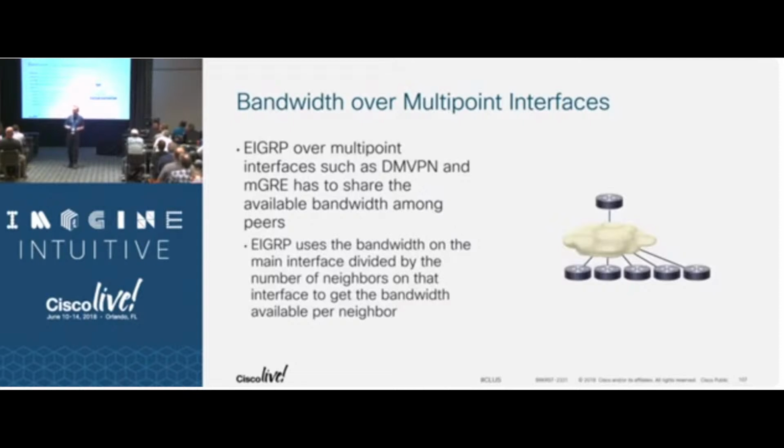There's a point with this kind of EIGRP pacing on multipoint tunnel interfaces with DMVPN. What EIGRP does on all those NBMA, non-broadcast multi-access interfaces, is that it takes the bandwidth, divides it by the number of the neighbors you have on that interface, and allocates a fraction of the bandwidth to each neighbor.